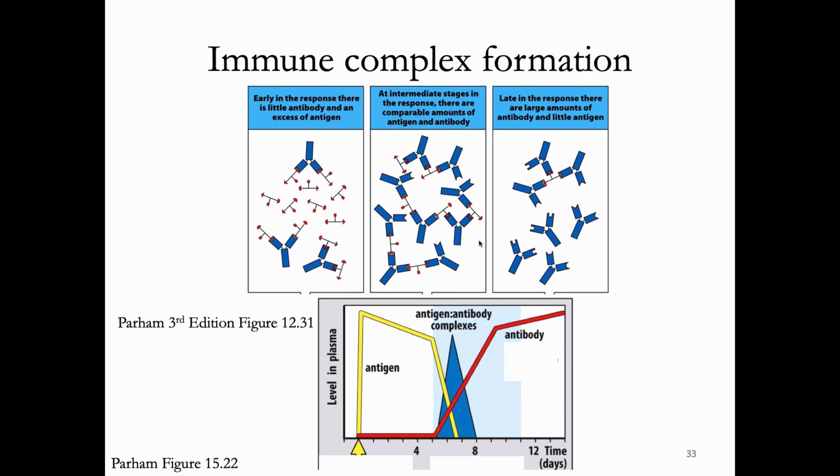We don't really see any complex formation. No antibody is bound to the same antigen. No antigen is bound to the same antibody. It's just all separate. If we have a lot of antibody, a little antigen, you can see that we get maybe a few situations where multiple antibodies are with one antigen, but largely everything again is separate.